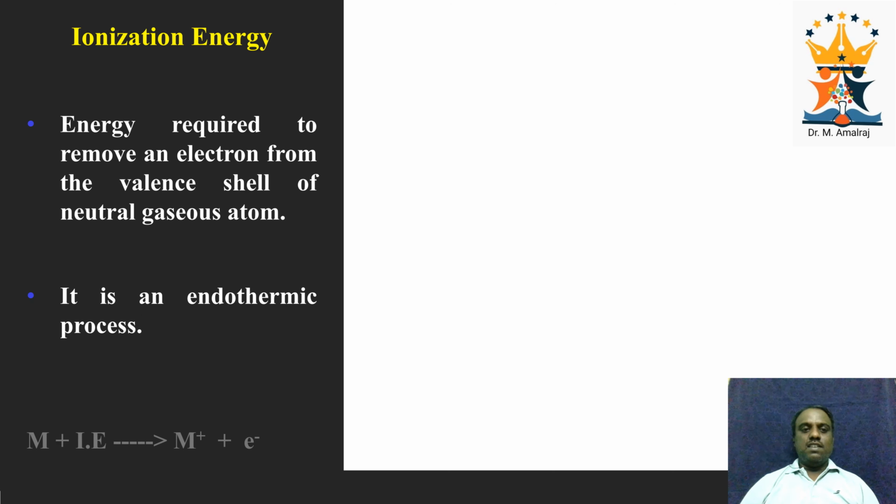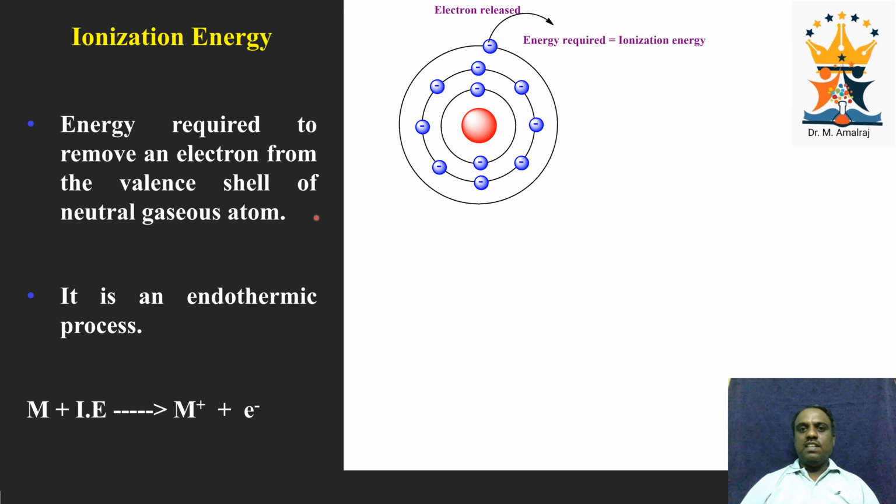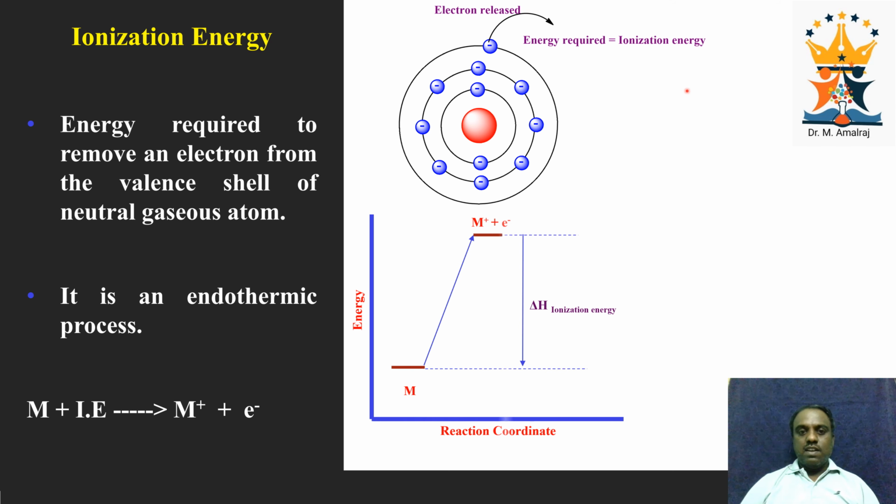When we supply the ionization energy, the metal atom loses its electron from the valence shell to form the metal ion. You can see in the diagram that ionization energy is required to release this electron. Since the energy of the ion is higher than that of the metal atom, the delta H of this process is positive, an endothermic reaction.